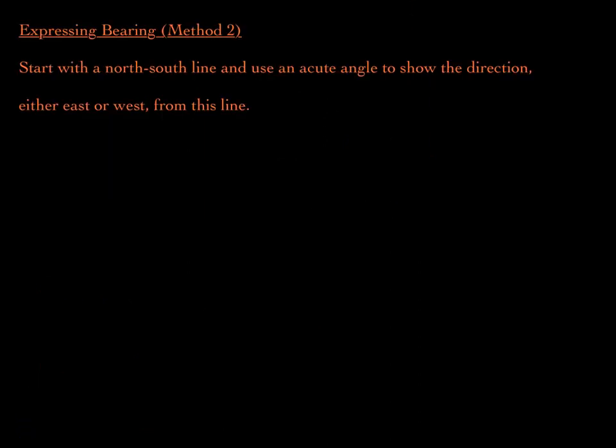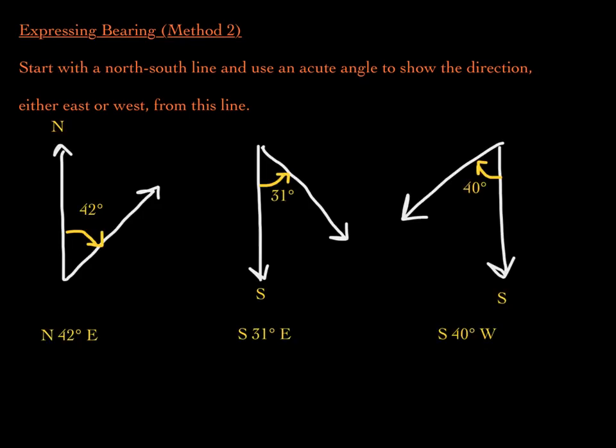All right, the second way or method that we will use to express bearing will be to start with a north-south line and then use an acute angle to show the direction, which will either be east or west from this line. Let me show you some examples. Here are some examples. Notice how it's given to you.